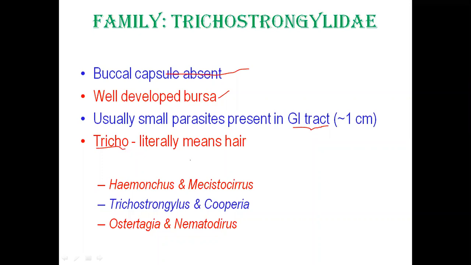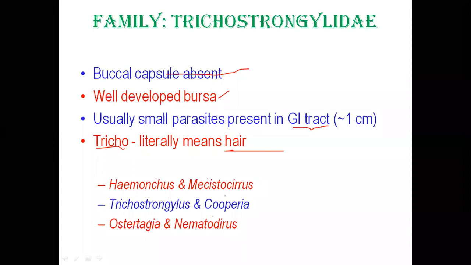Tricho literally means hair-like. Important parasites include Haemonchus contortus, Ostertagia, Trichostrongylus, Cooperia, Nematodirus, and Mecistocirrus. Apart from that, there could be Marshallagia and Graphidium and so on, which we will not talk about in your undergraduate course.